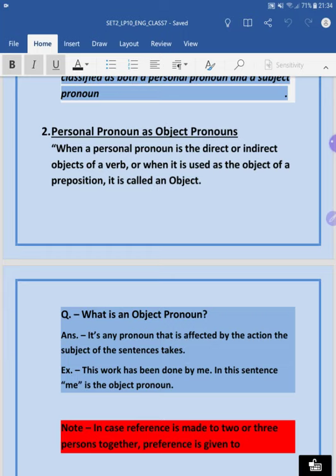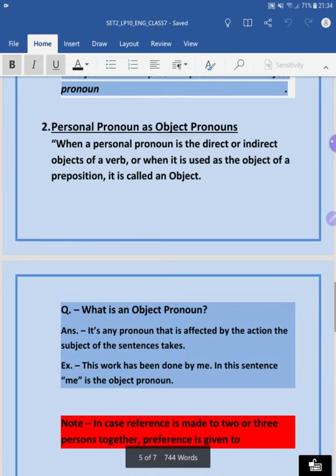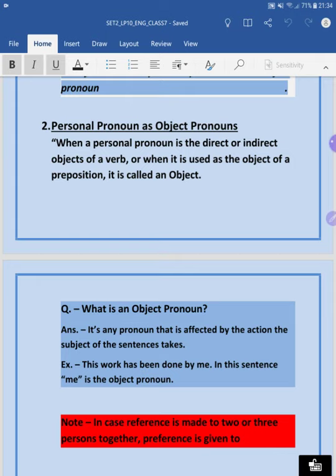The answer is that it is any pronoun that is affected by the action the subject of the sentence takes. Now we can see through the example, this work has been done by me. In this sentence, me is the object pronoun because we are talking about the direct or indirect object of a verb when it is used as the object.